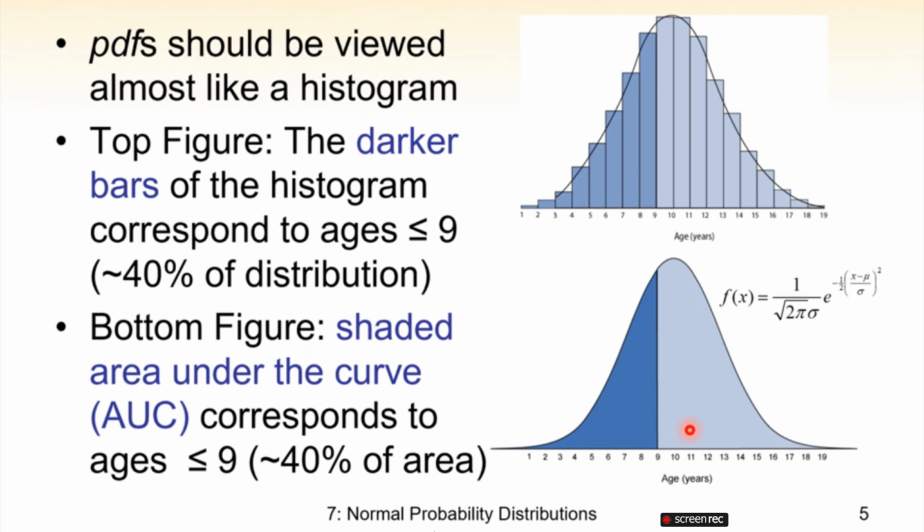While for the bottom figure, the shape under the curve also corresponds to the same less than 9 months age, which is approximately 40% of the curve. So this is the histogram, and this is our probability density curve that we are making from our histogram.